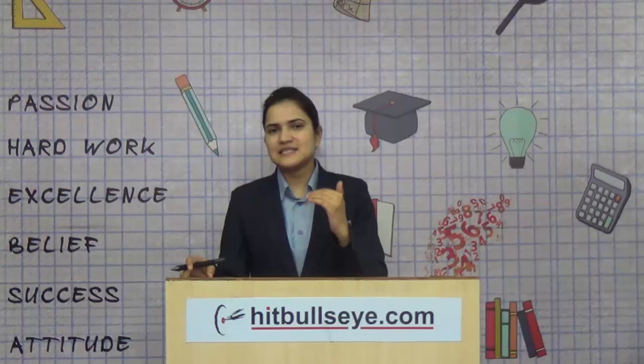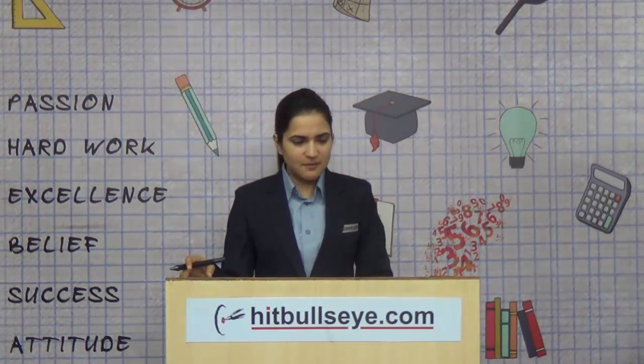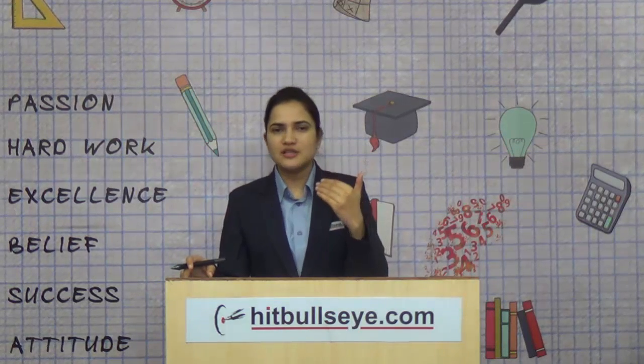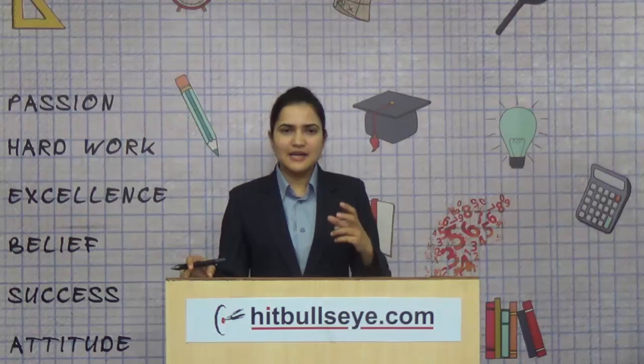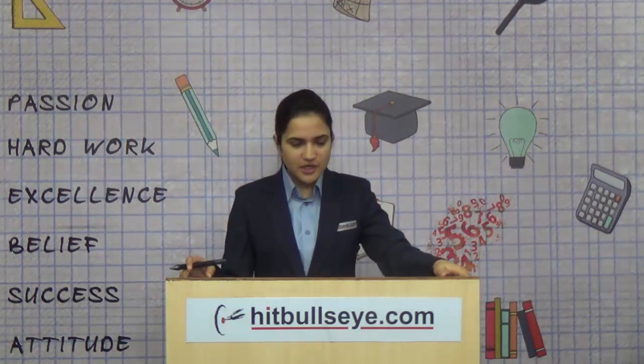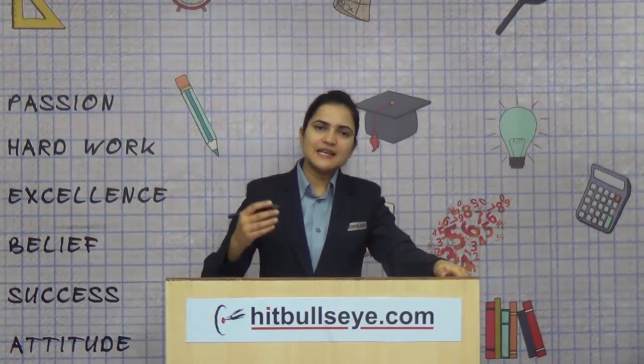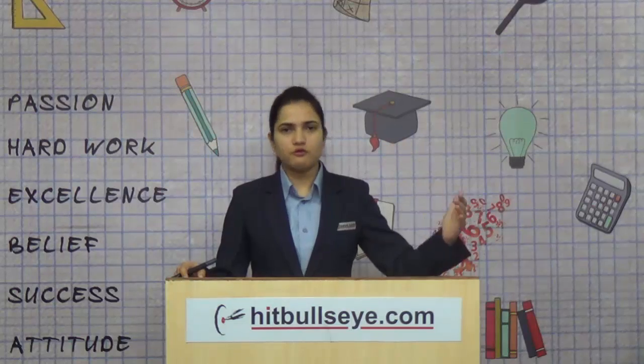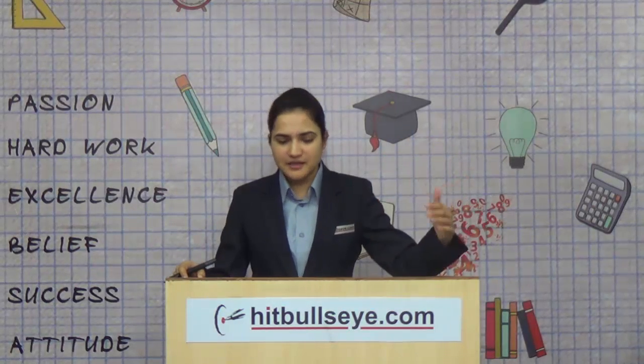It's sovereign, that is, it is completely independent in all internal and external matters. The socialist word tells us what our economic policies are going to be, that is the economic nature of our country. Secular means that India does not have an official religion of its own. Democracy, of course, means a government of the people, for the people and by the people.